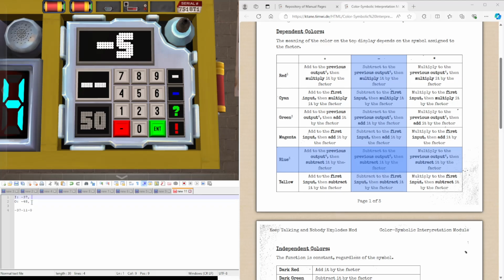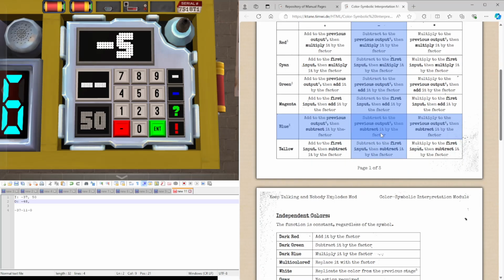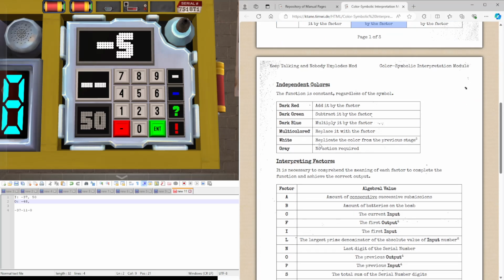You'll know if you've got it wrong if you get X's across the bottom, the right hand side. So our next input is a regular 50, and this colour is white, which is one of the independent colours. Replicate the colour from the previous stage.